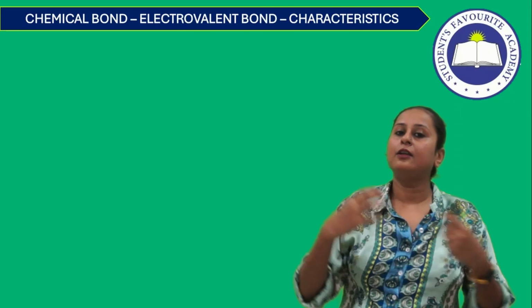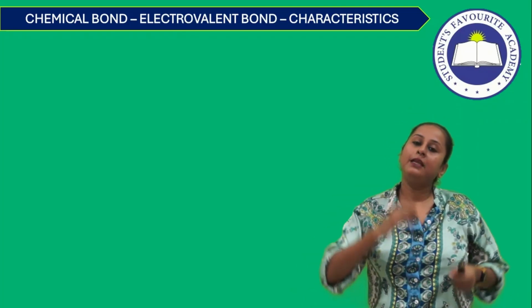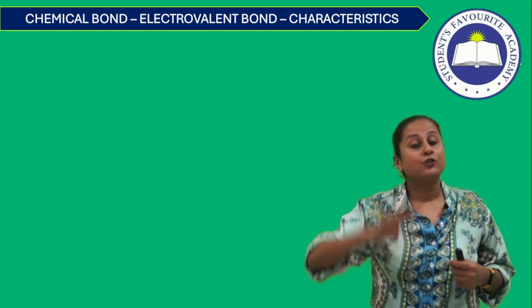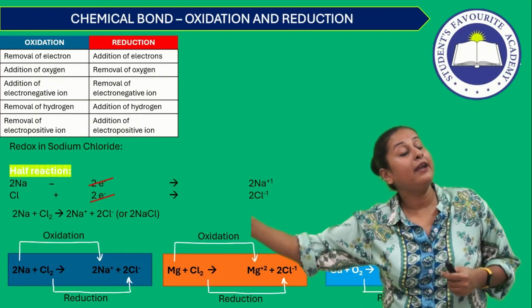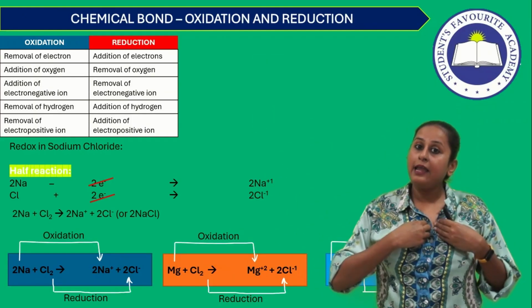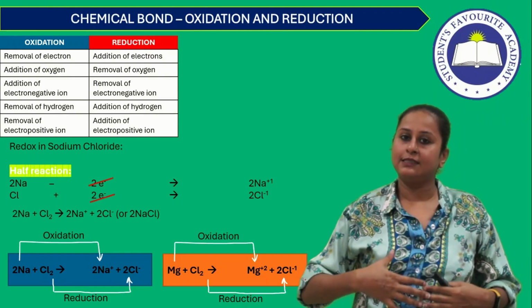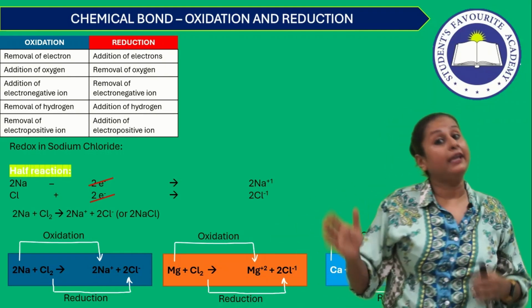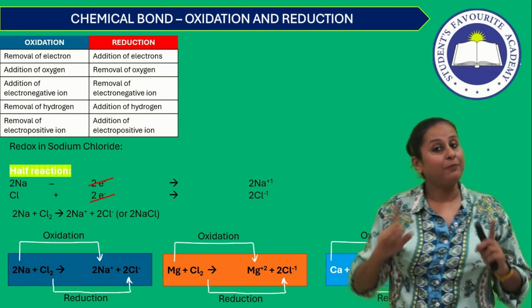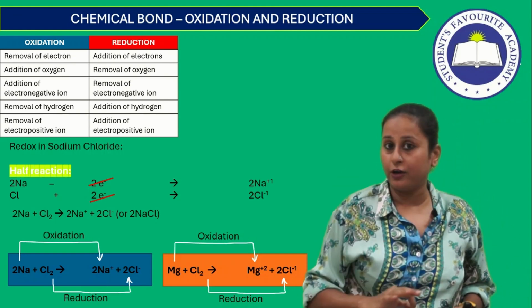There is one very important thing that we have to understand here. If I undergo oxidation, that means I have lost electrons. So those electrons will be gained by someone. So I, by getting oxidized, become a good reducing agent. Once again, I'll repeat this for you. This is a very important concept.